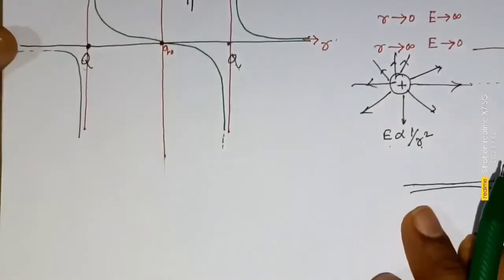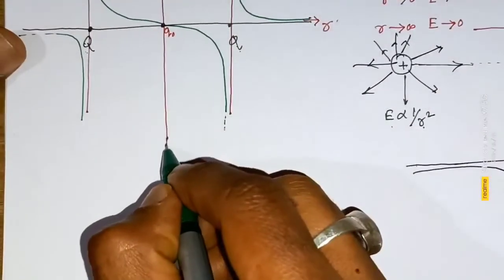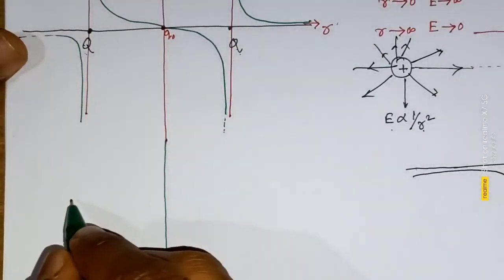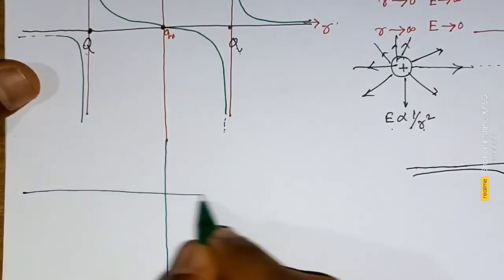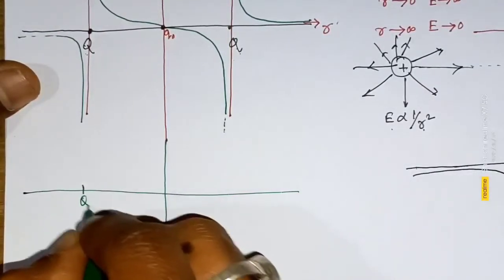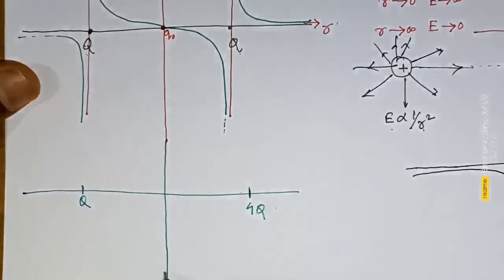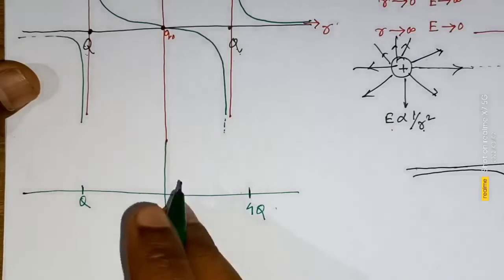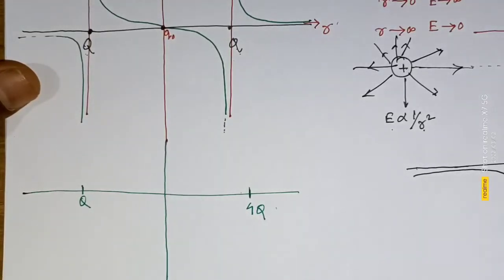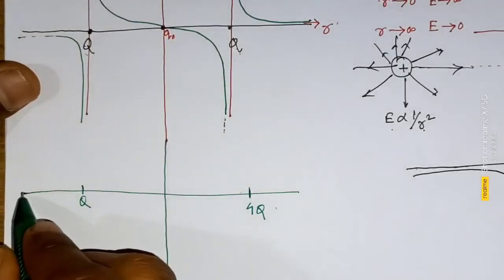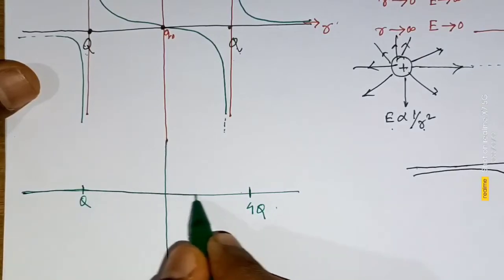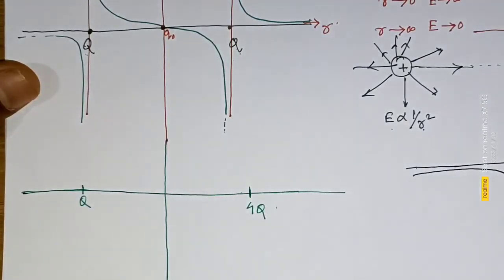One more illustration I want to consider here. Suppose two unequal magnitude charges have been given here. This is Q and this is, suppose I say, 4Q. And we already know that the equilibrium point is always nearest to the smaller magnitude of charge. And how to find this equilibrium point?